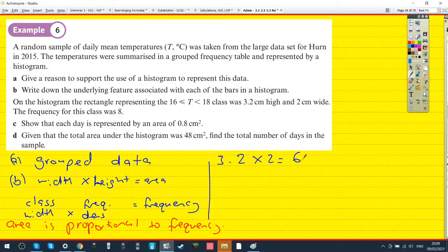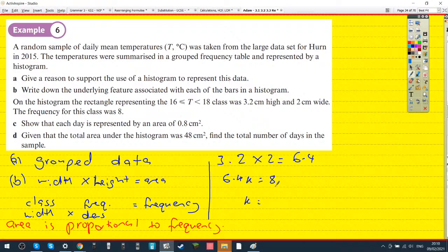And so 6.4 is proportional to the 8. So let's say 6.4 times something gives you 8. And so what is that something? Divide by 6.4 on both sides, which is 1.25.